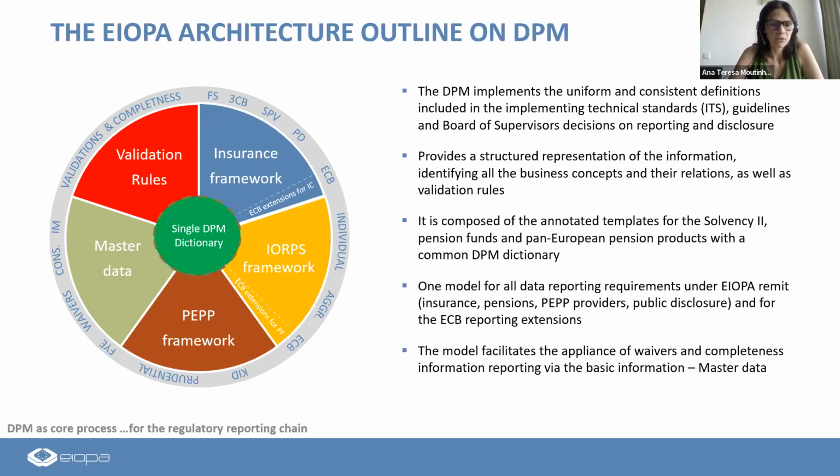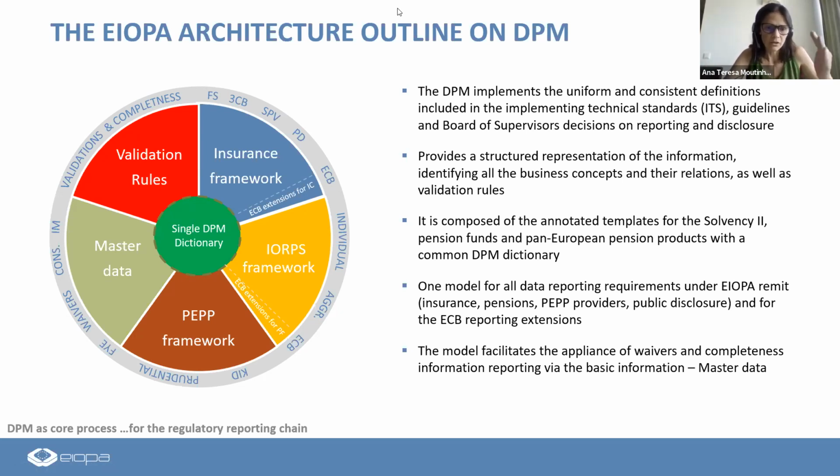And as such, we have also integrated it into the taxonomy framework and into the single data point modeling dictionary. So you can see that along the way there were different challenges, but the methodology that we have in place, the DPM methodology, allows us actually to address all of them.